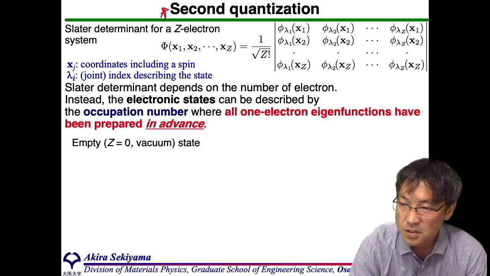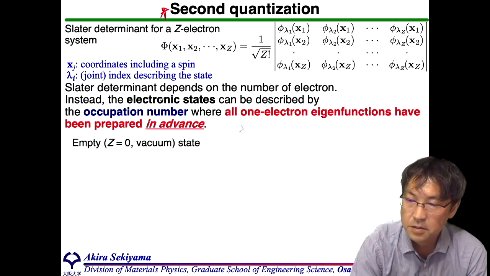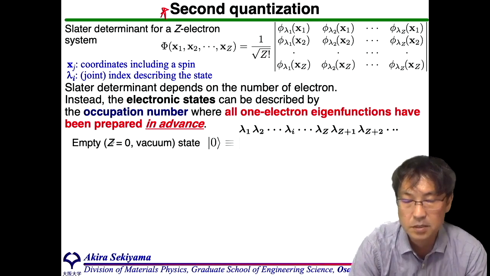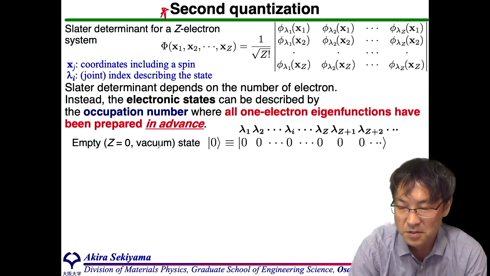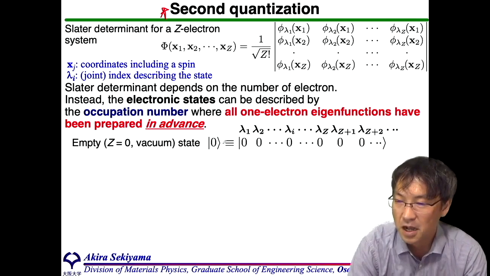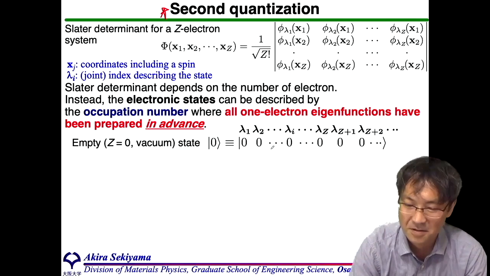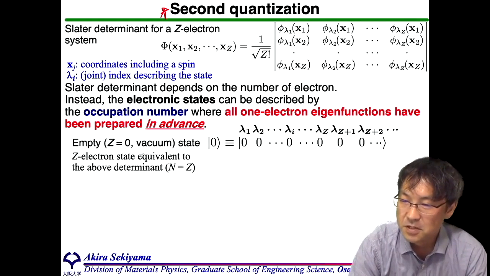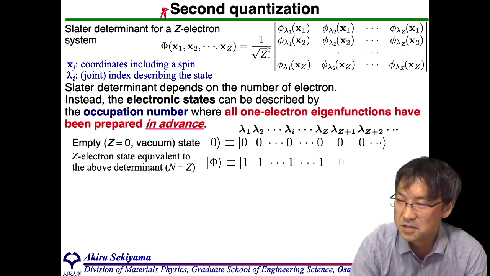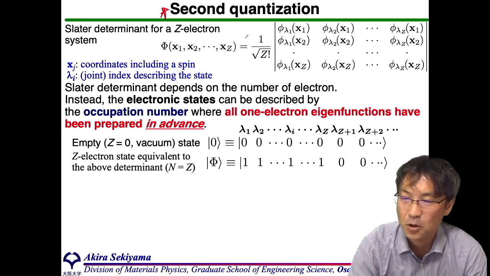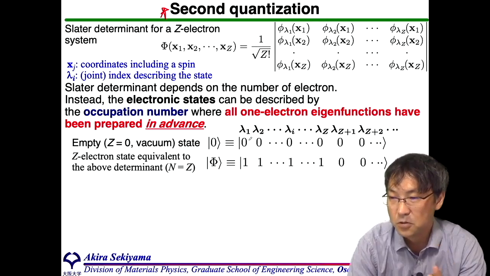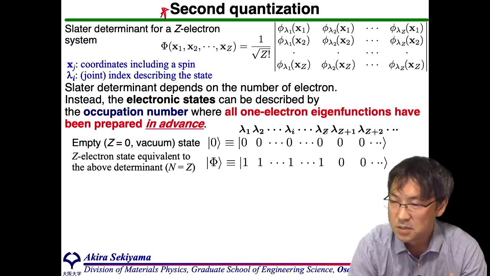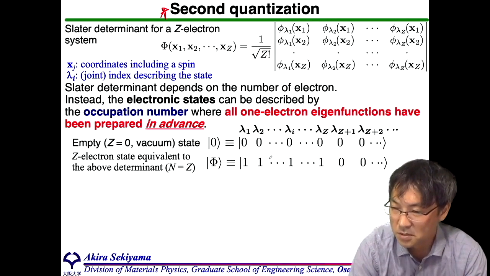By using this idea, the empty state with no electron is equivalent to the vacuum state, as in this formula. Then the electron state is equivalent to this Slater determinant, as in this formula. So the electrons occupy from the lambda 1 state up to the lambda Z state, like this one.